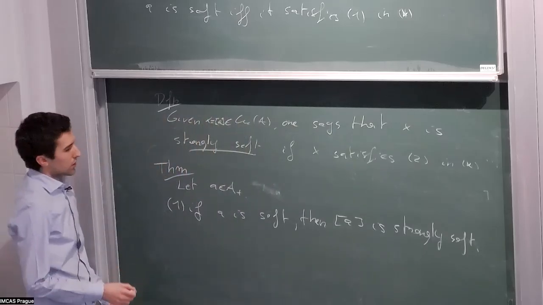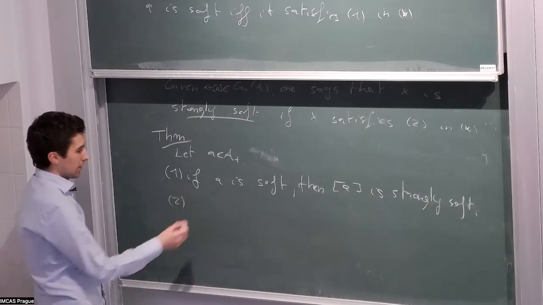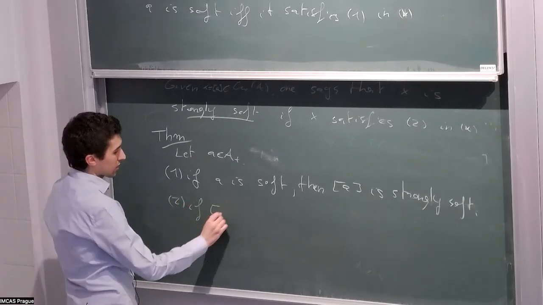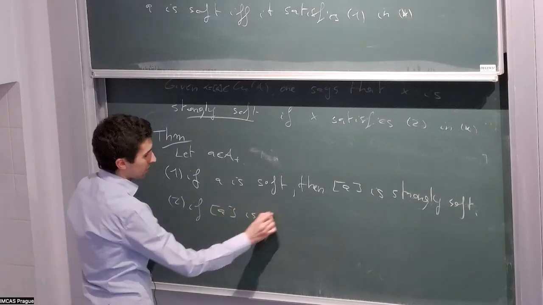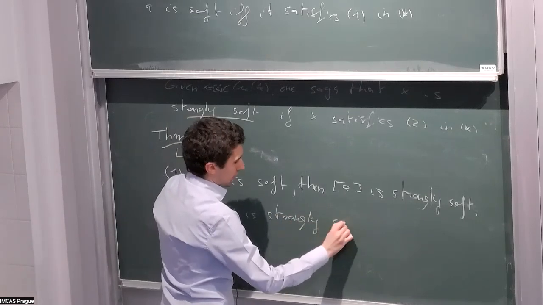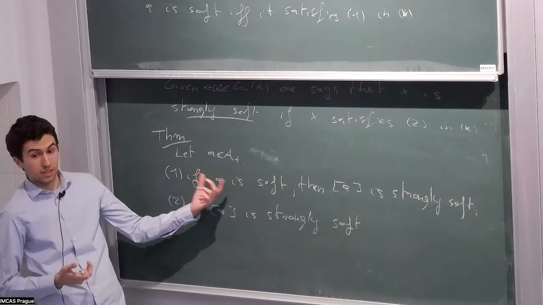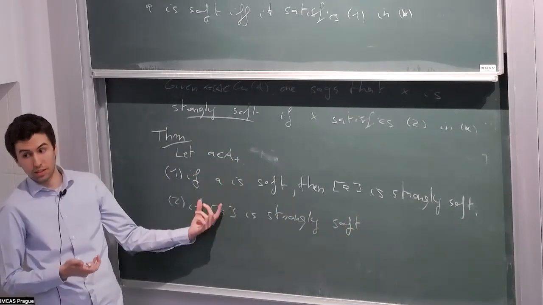And in some sense, conversely, and we will talk about the converse in a little bit, if the class of A is strongly soft, then you can produce an element that's legitimately soft, which is related to it.